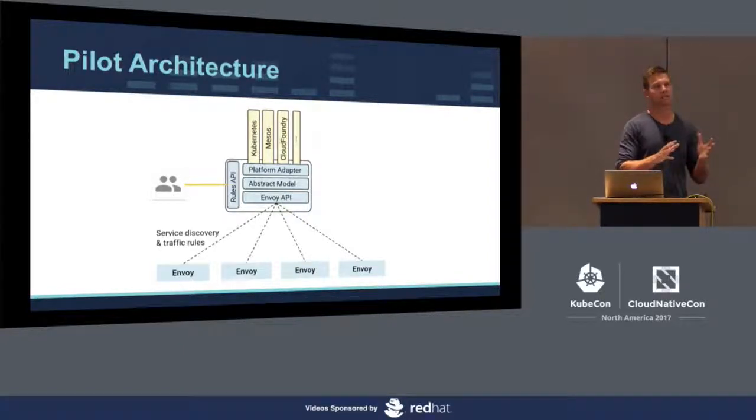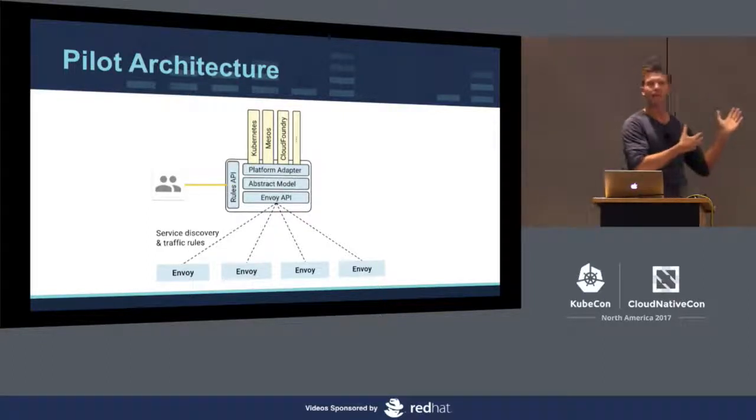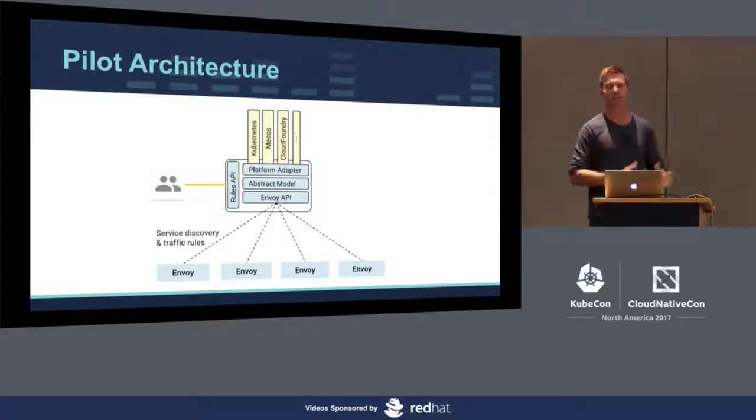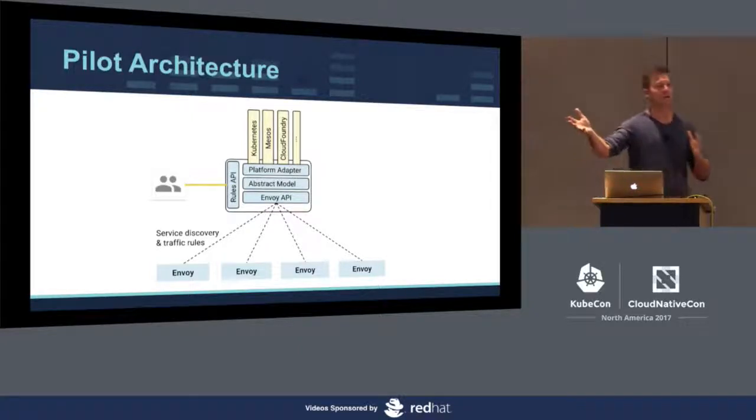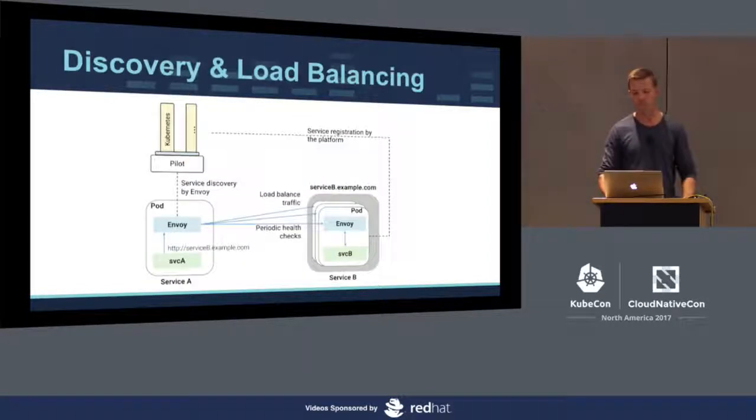And what that does is it allows Pilot to provide kind of an interface that's neutral from any of these adapters and not really locking the mesh down to a specific implementation, right? And so when that model's populated based on the adapter, then it allows us to take that information and push it out to the Envoy proxies.